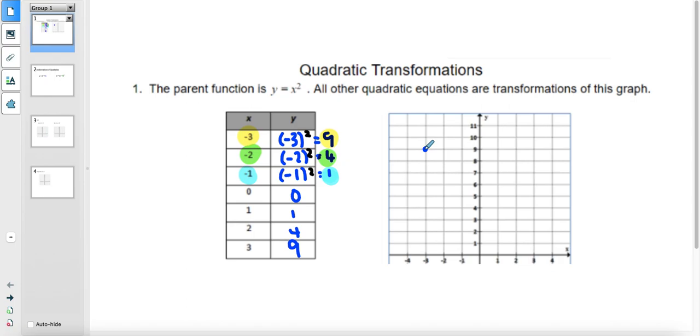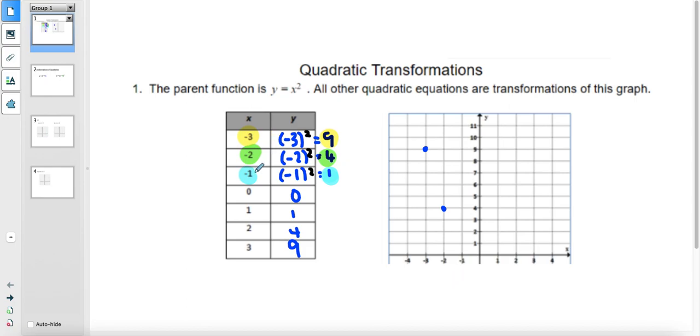And that's going to be my first point. My next point is -2, 4. So I'm going to go where x is equal to -2, and then go all the way up to where y is equal to 4. And there's my next point.